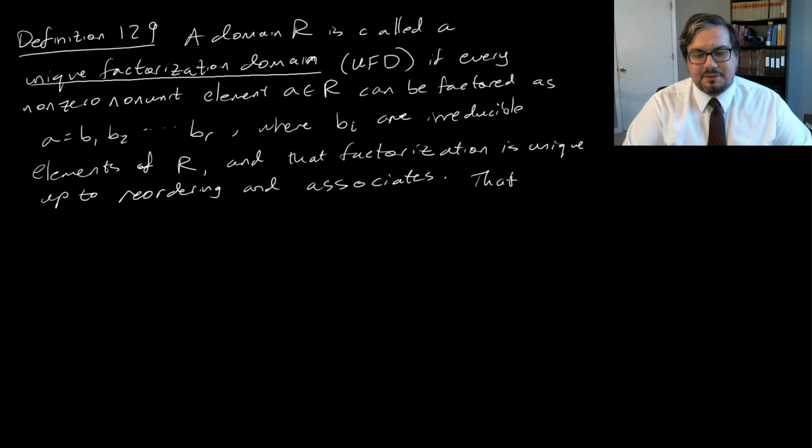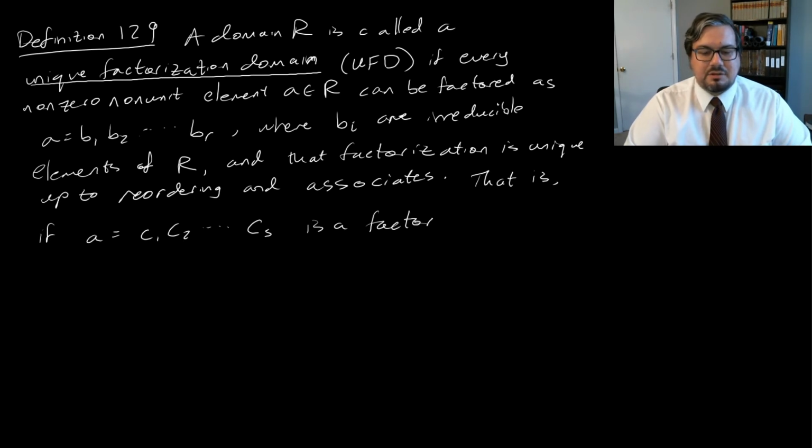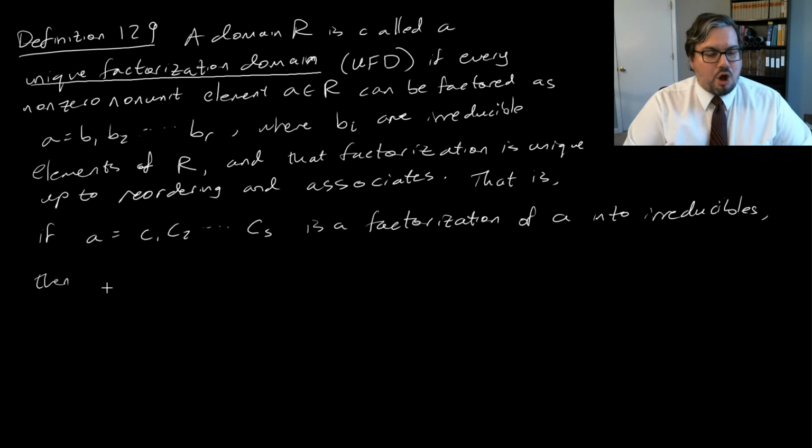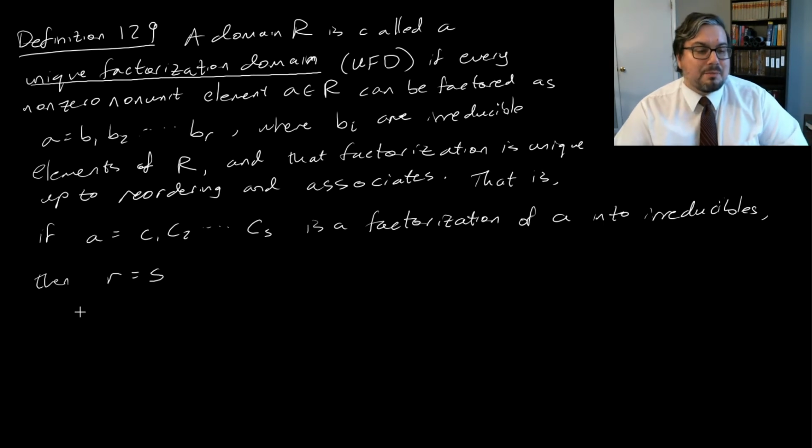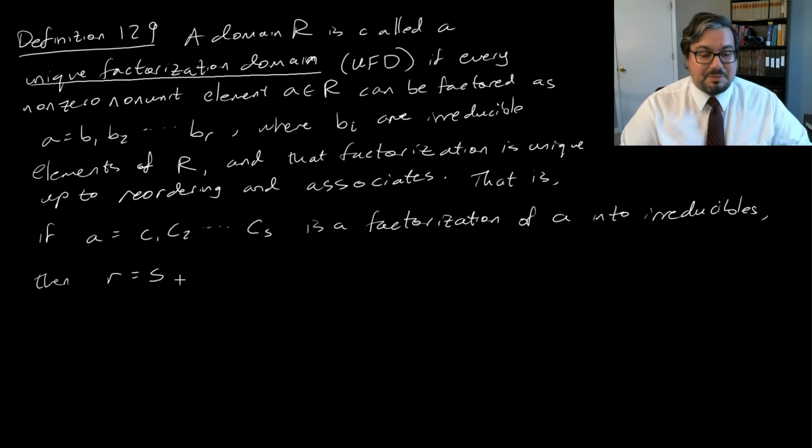That is, if A equals C1, C2, up through Cs is a factorization of A into irreducibles, then r has to equal s. So the number of irreducible factors in a factorization has to always be the same.